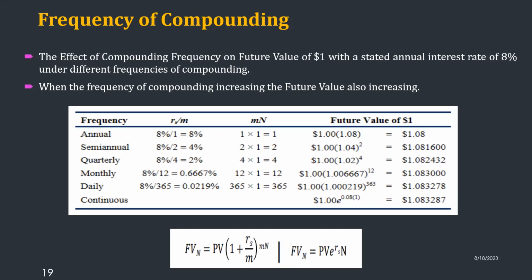You can see the future value with annual, semi-annual, quarterly, monthly and daily compounding. However, the future value of continuous compounding has the highest value.